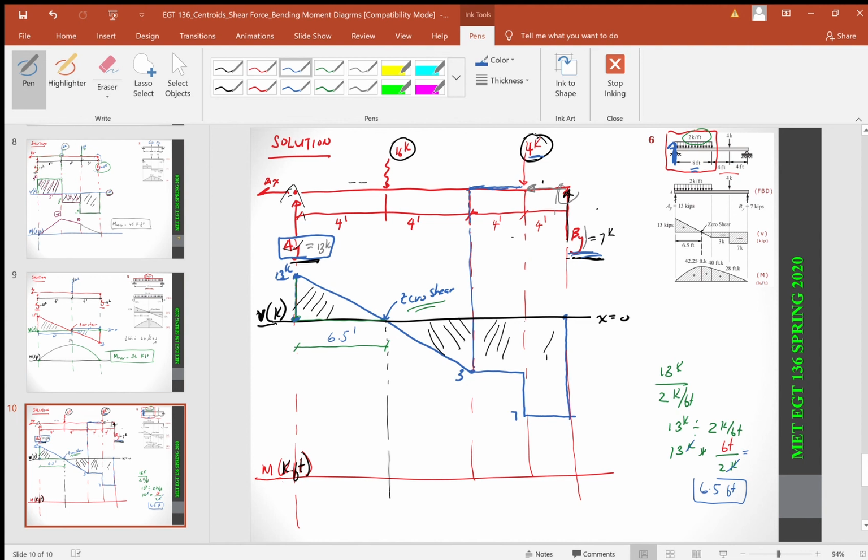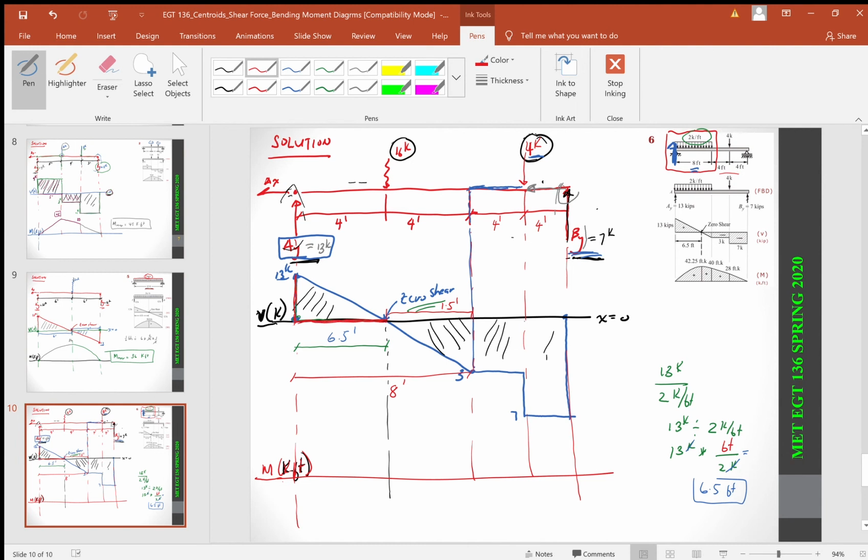If from here to here happens to be 8 feet, then from here to here happens to be 1.5 feet. Now I know the base of this triangle and I know the height, so I can find the area.